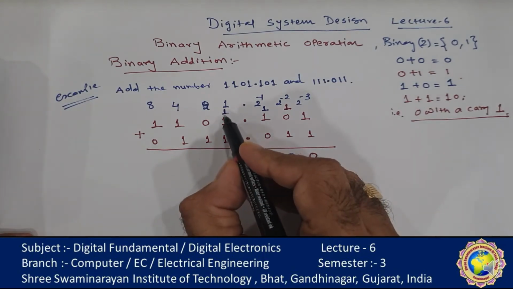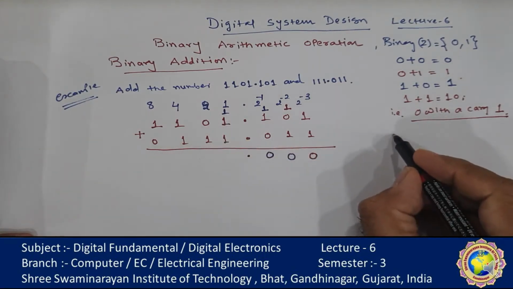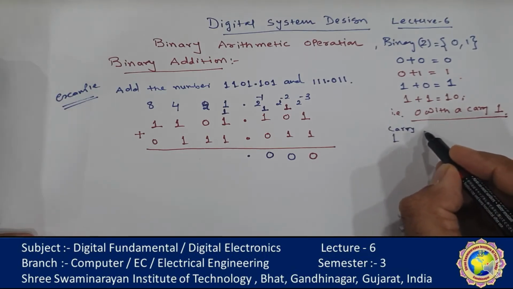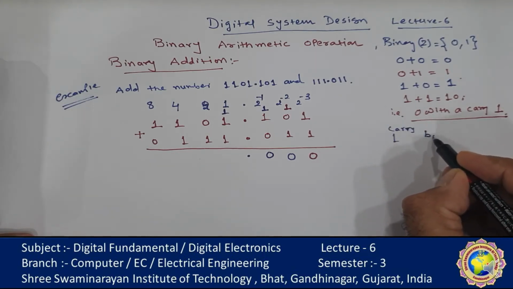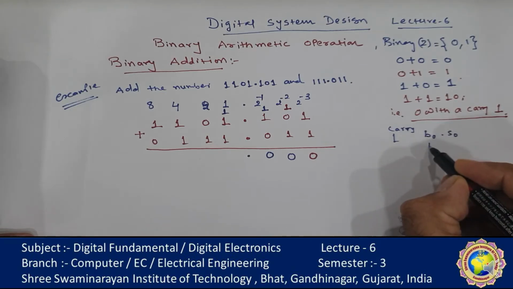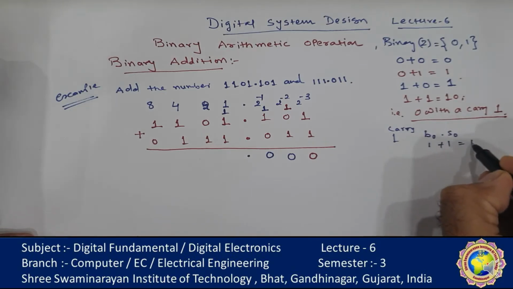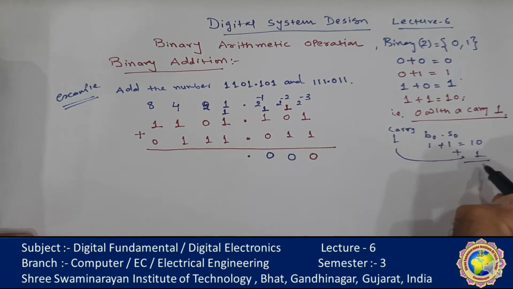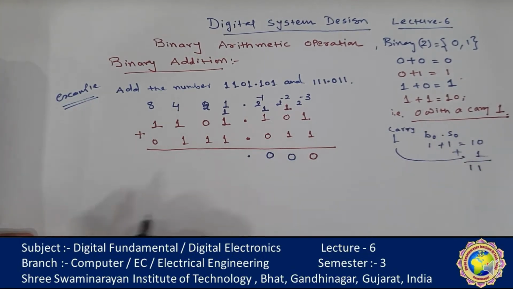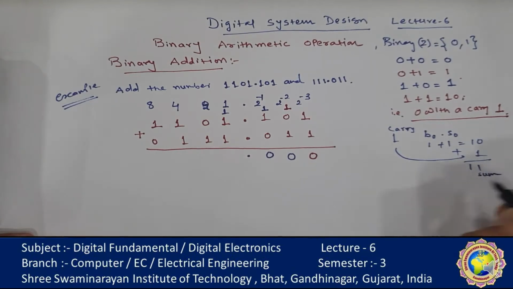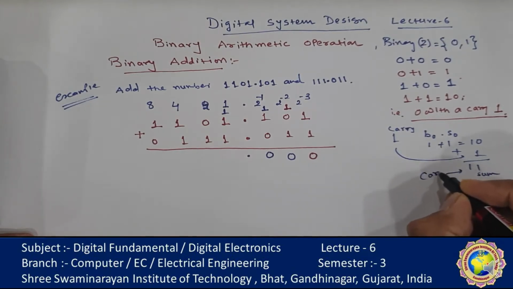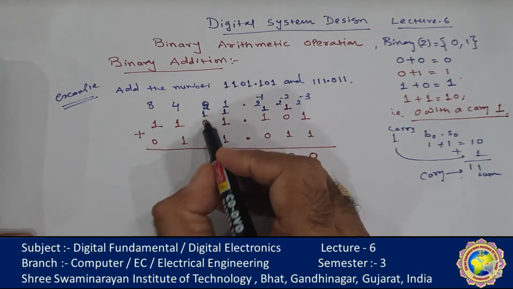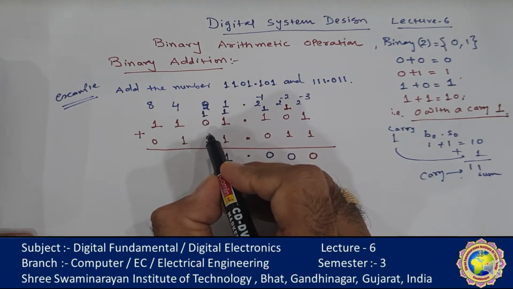Now remember that in this position 1 is carry, and B0 and S0 both are 1. So 1 plus 1 is 1 0, plus this carry it will become 1 1. So this is the sum and this will become the carry bit. So 1 here and 1 carry. 1 plus 0 is 1.